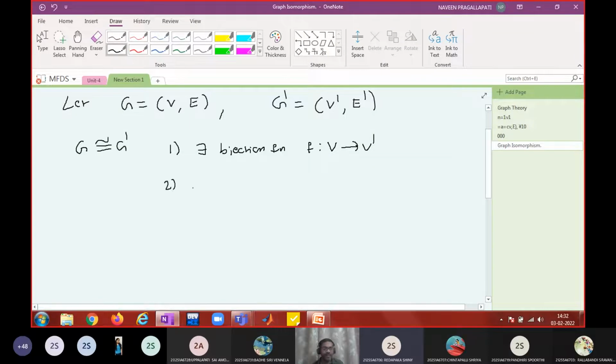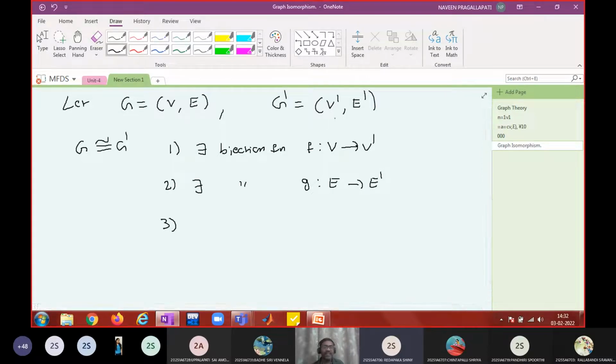And the second condition is there should exist a bijection from the edge set of the first graph to the edge set of the second graph. And what is the third condition?